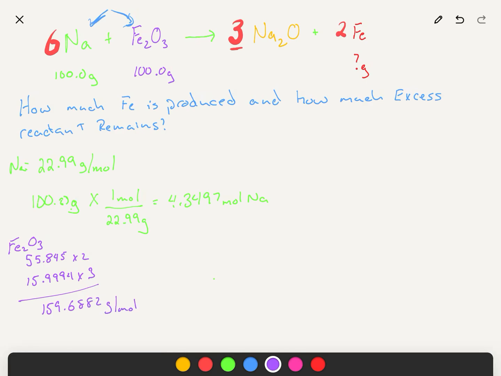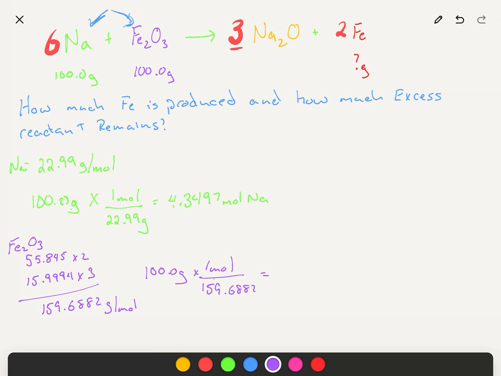grams per mole. So we have 100 grams. We're going to do the same calculation we did for sodium. Times 1 mole over 159.6882.